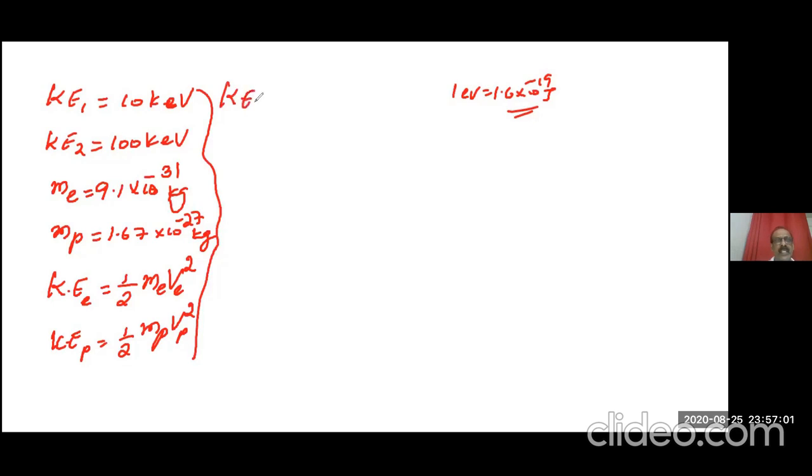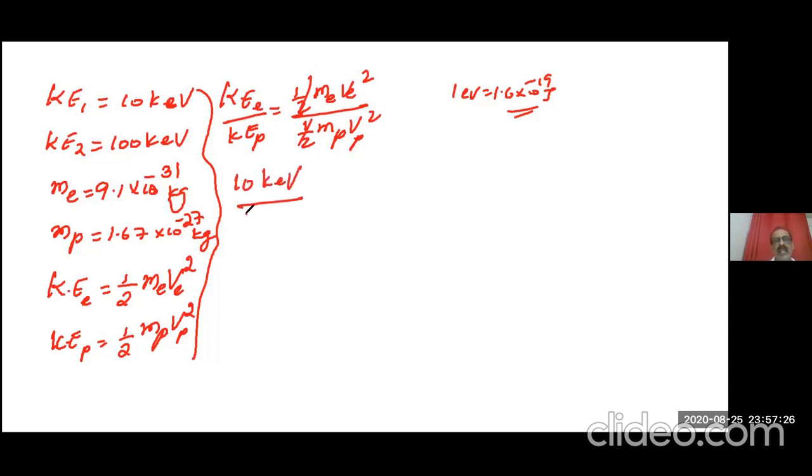Now kinetic energy of the electron divided by kinetic energy of the proton is equal to half Me V squared divided by half Mp Vp squared. Half is cancelled here. Then here kinetic energy of the electron is 10 kilo electron volt. This is 100 kilo electron volt.